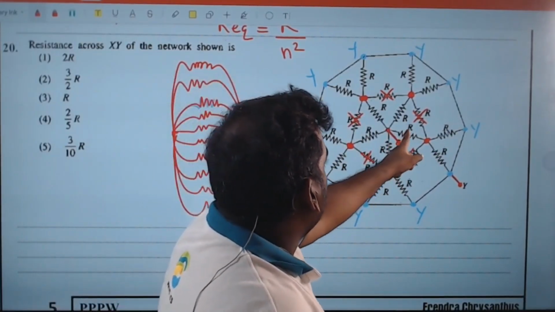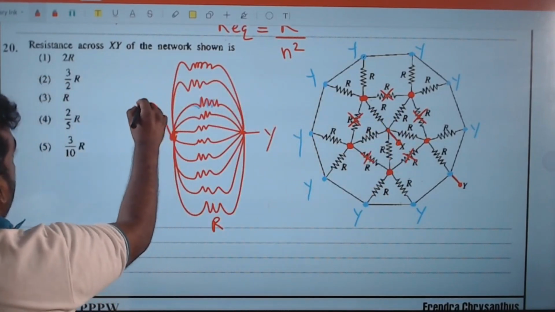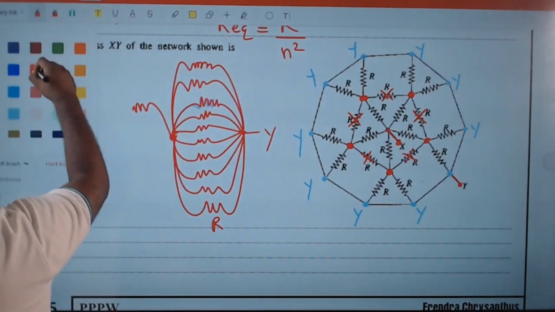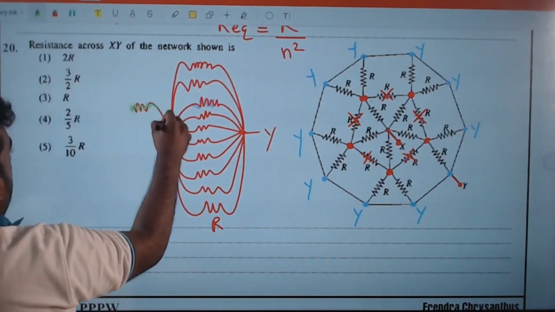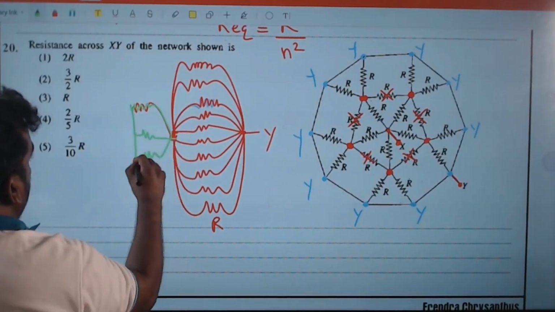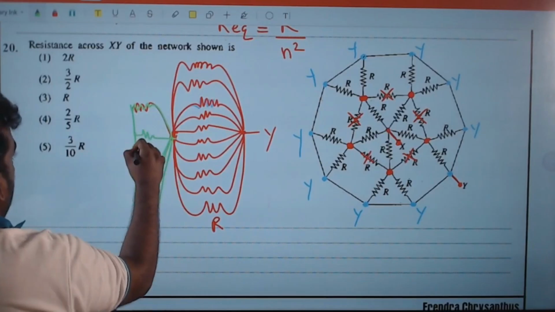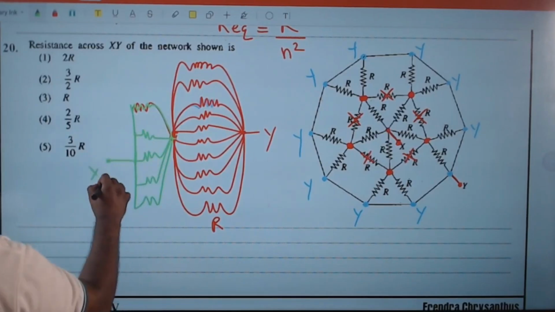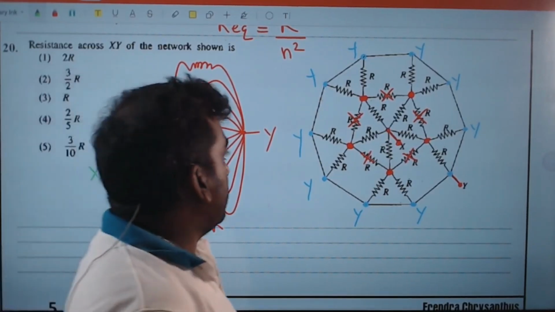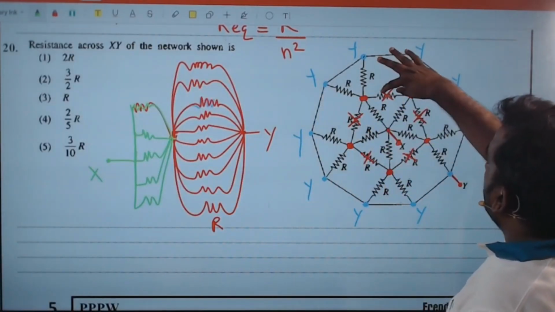Then 1, 2, 3, 4, 5. Five resistors connected to X. So potentials are same, current won't go. This is removed.